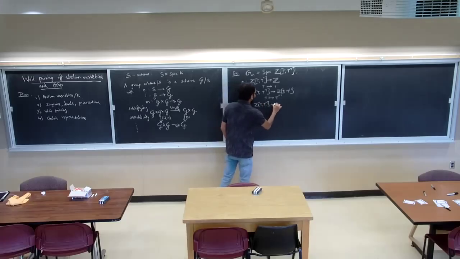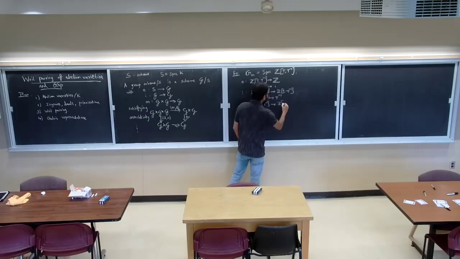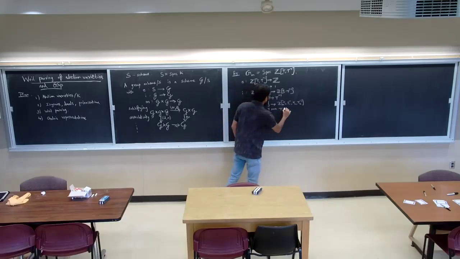And M, at the level of rings, has to map into the tensor product of this with itself. So I can give two names, T1 and T2, and the map is T goes to T1 T2.